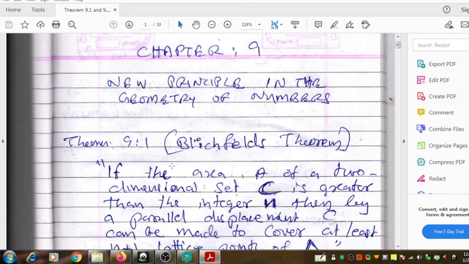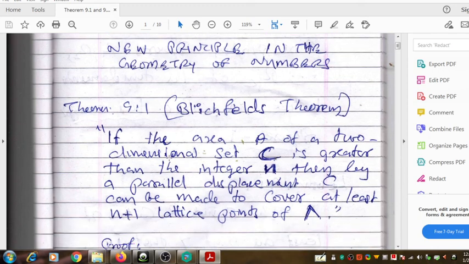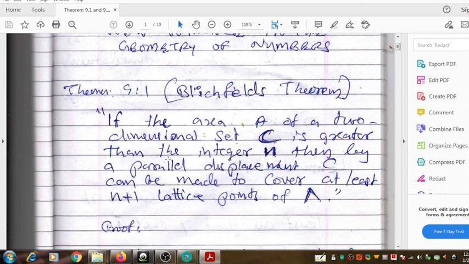For giving the proof of Theorem 9.1, we need a lemma, given the number Lemma 9.1 in the chapter. So first we can see the statement of the theorem, Blichfeldt's theorem.